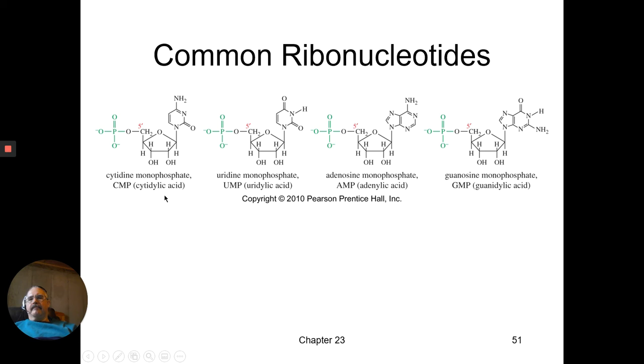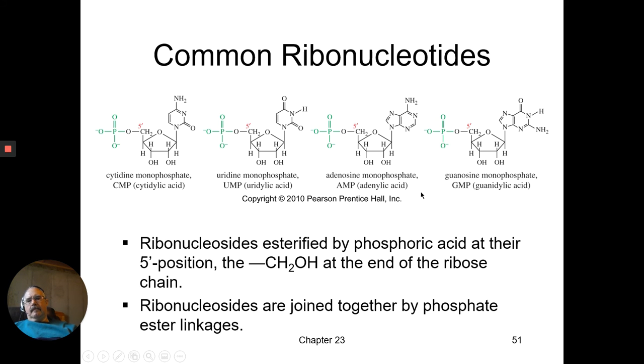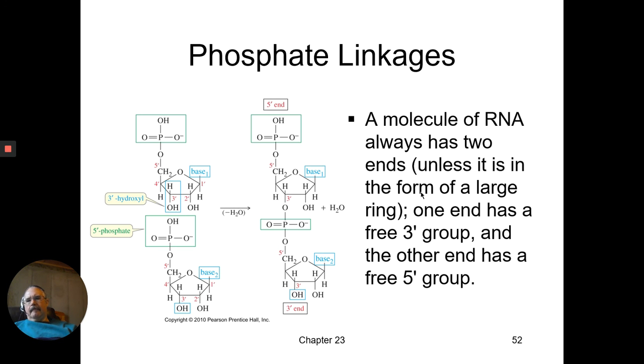So this is called cytidine monophosphate, or CMP. By forming an ester between phosphoric acid and this alcohol, we produce our phosphodiester linkages.